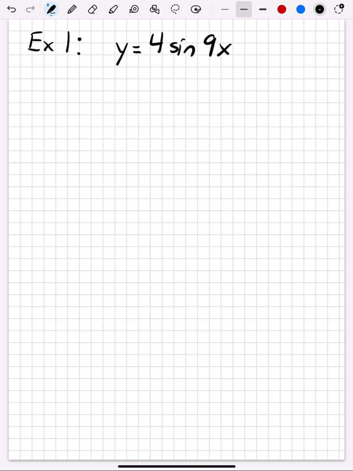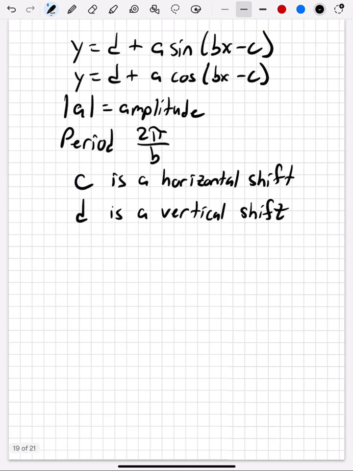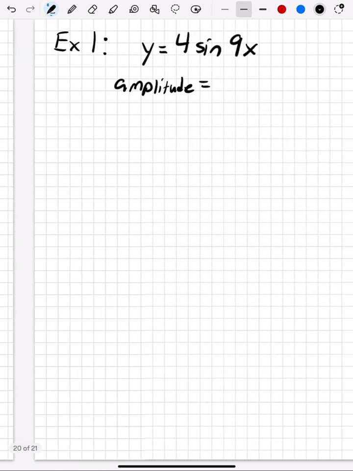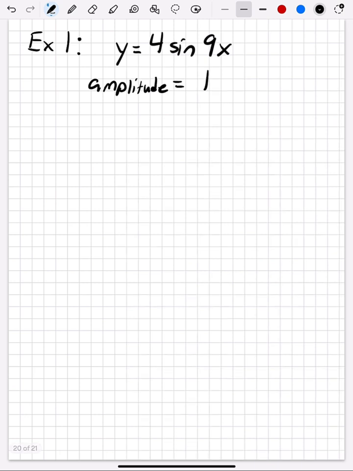Well, the amplitude, according to that generic form, is a, which is whatever's being multiplied by the sine function. So we have an amplitude of 4, right? If it were -4, the amplitude would still be 4 because it's the absolute value.